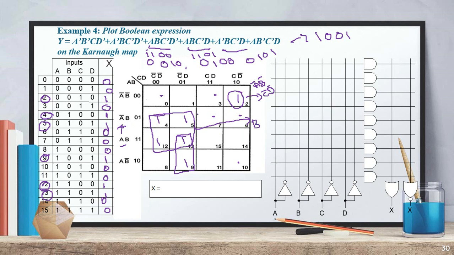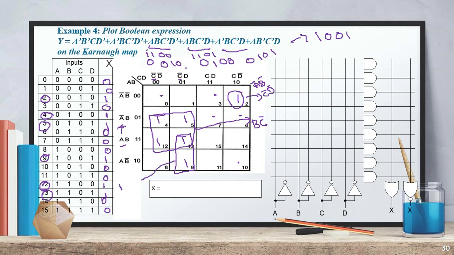And here C bar is common, D bar and D cancel out, so it is C bar. So from this 4 we got B C bar, and in this group of 2 we can check, here again B bar cancels, so we get A from this part.